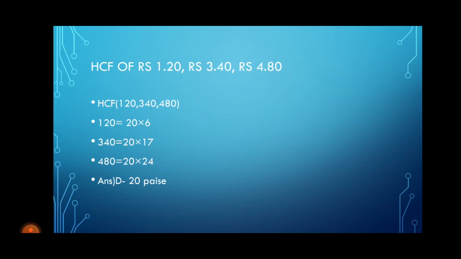We multiply by 100: 120, 340 and 480. The factors are 20 into 6, 20 into 17, and 20 into 24. Here the highest common factor available is 20. So the answer is 20 paise.